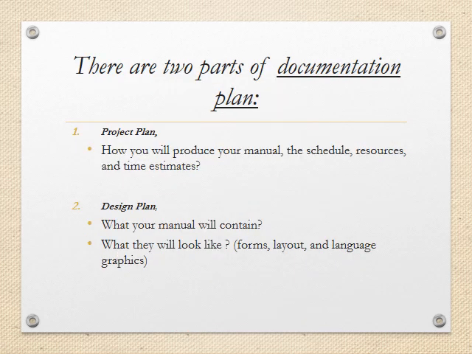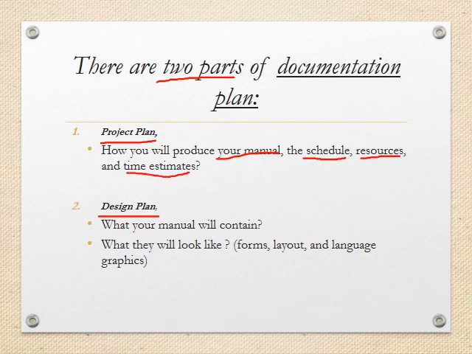Documentation plan. We said that the documentation plan consists of two parts. First اللي هو project plan والsecond اللي هي design plan. The project plan: how you will produce your manual. The schedule, resources, and time estimates.